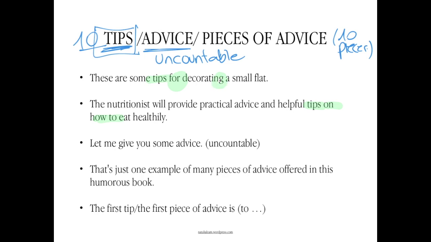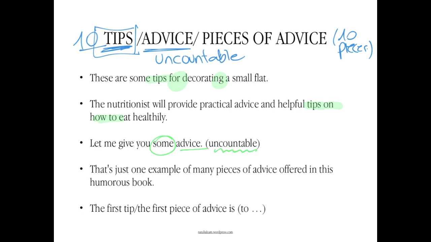If you want to talk in a general way, you could use the word advice, that's all right. However, you would say, let me give you some advice. Okay? It's a singular word, it is uncountable, so you could use something like some before it, but you can't use a number, and you can't use it in the plural, definitely not. Okay?